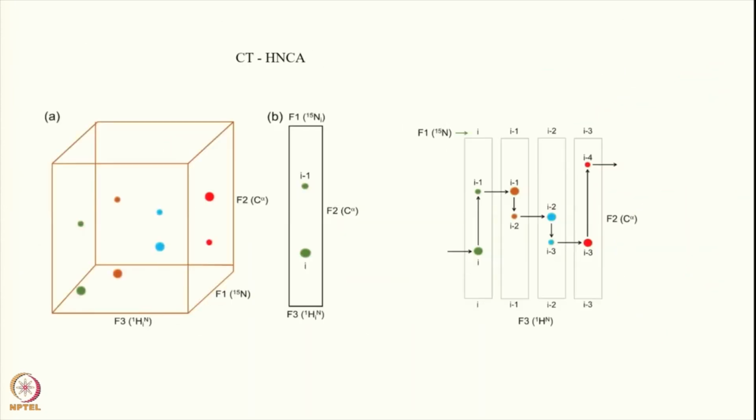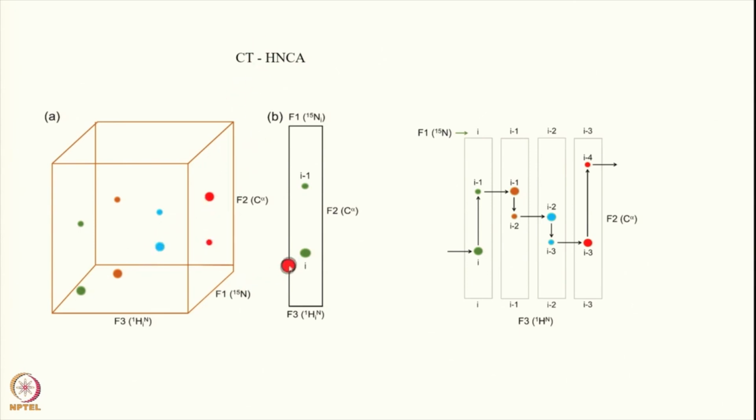So you see you have 2 peaks at each amide proton chemical shift, one belongs to its own C alpha, the other to the neighboring C alpha, which is the I minus 1 residue. Same here. Therefore if you take a cross section at a particular N15 chemical shift, and these appear at different N15 chemical shifts, this is through the depth, you can go through the N15 depth. So these 4 are present at different depths.